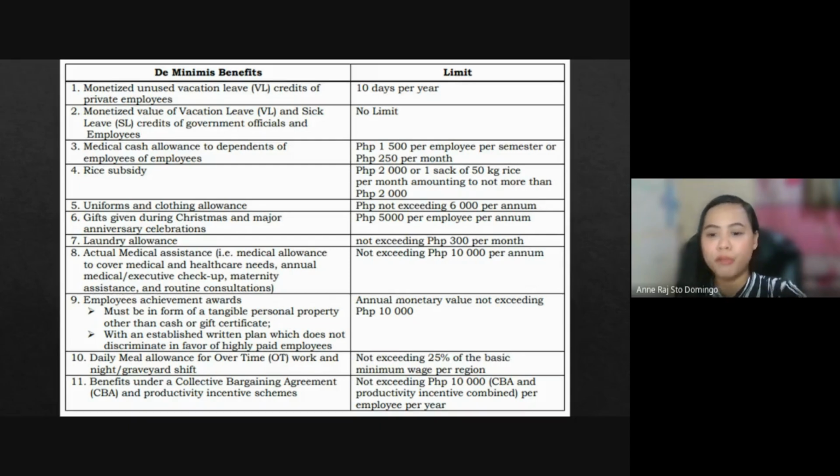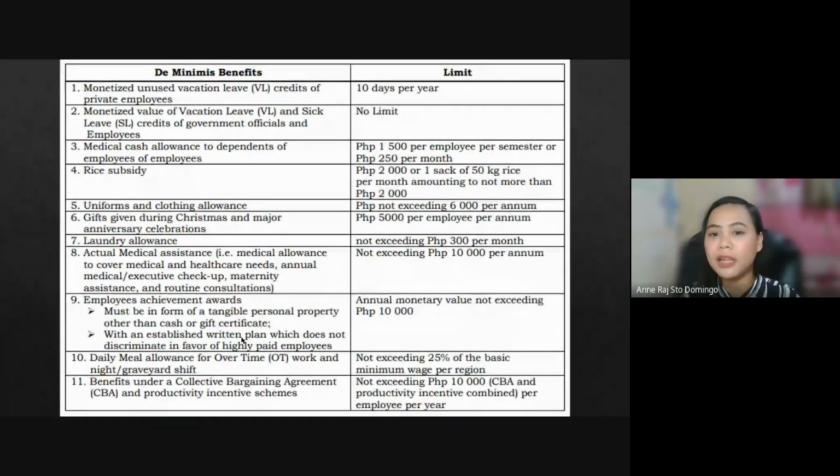Then, number 4. Kenny, can you explain to us number 4? Okay, may nag-raising hand. Yes, Shanette. Okay, so it's dependent, depende sa bibigay ni company, sa mga matataas sa company. And the limit lang na hindi magiging taxable ang rice subsidy, example I know one company that is giving rice subsidy benefits to their employees is Mercury Drugs.